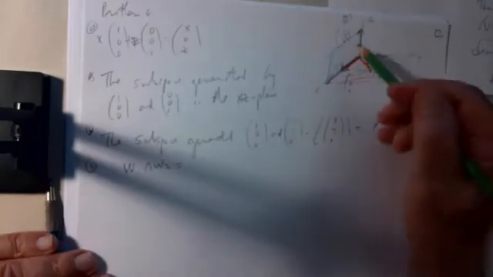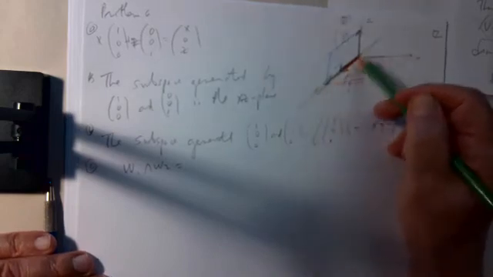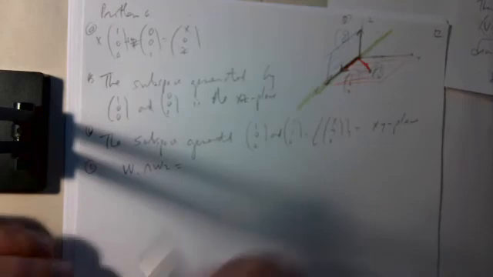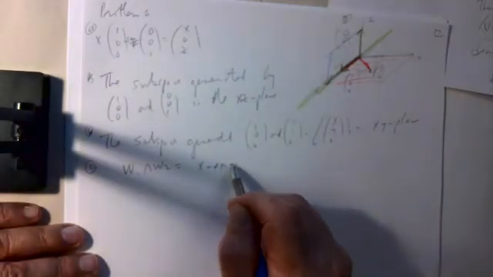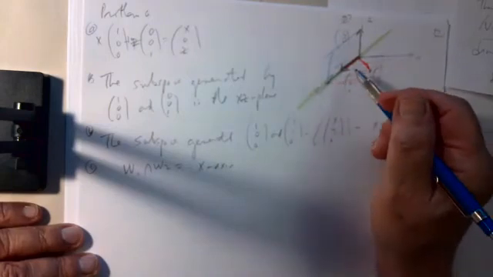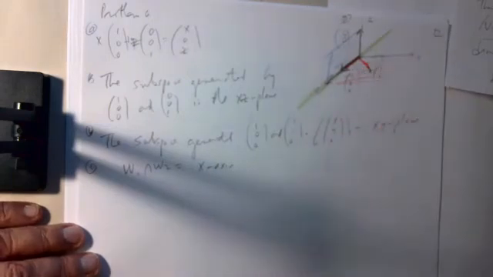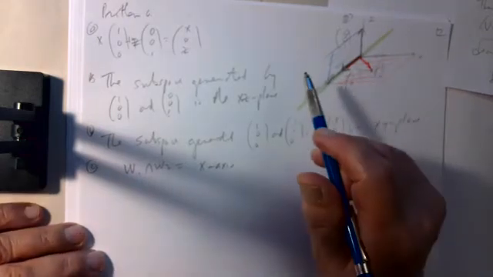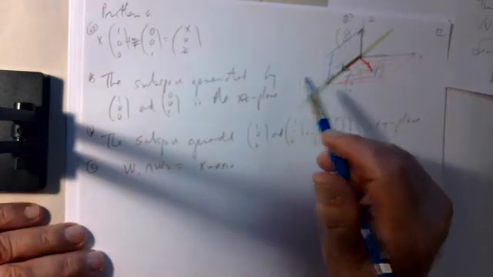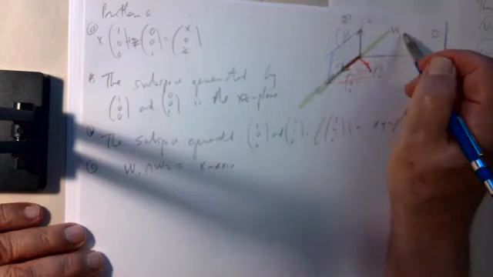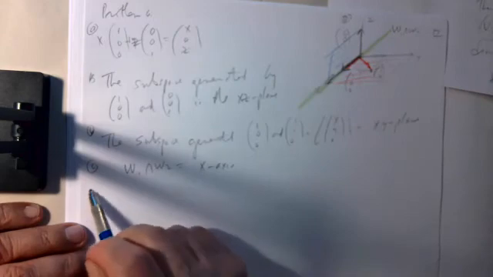It intersects in the x-axis. Now, one-dimensional space through the origin. So this is W1 intersect W2.